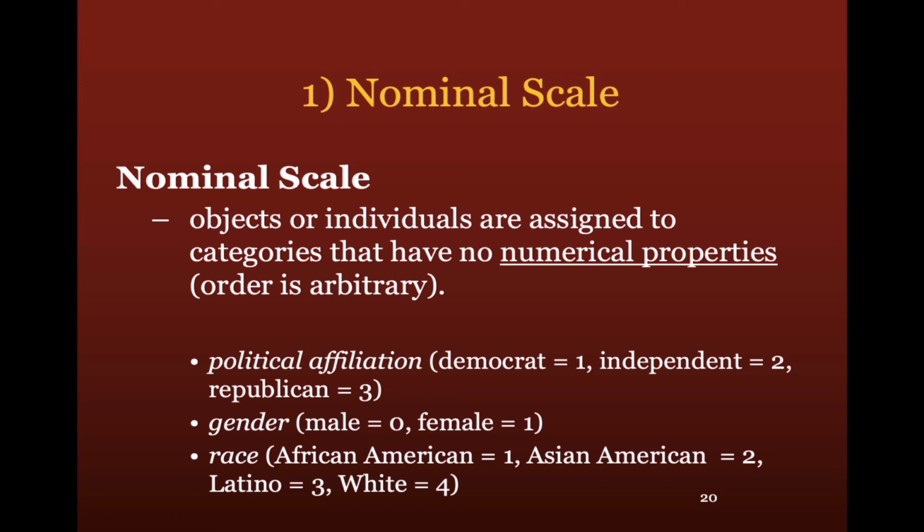That's the key thing to remember here: for nominal scaling, the numeric values that I assign to any possible value don't really matter, right? So again, with gender, I can give males 0, females 1, or I can give females 0, males 1, and the meaning of those numbers does not change.